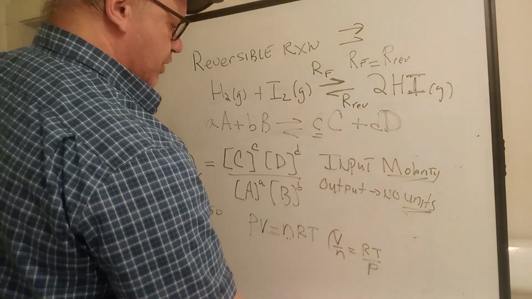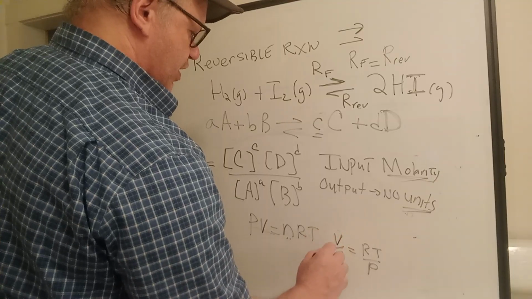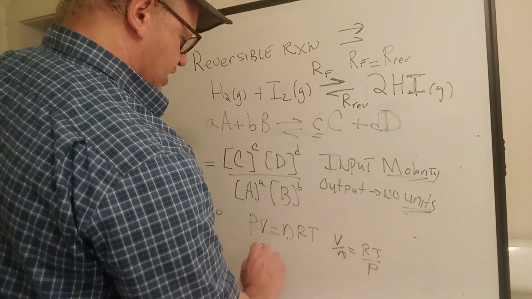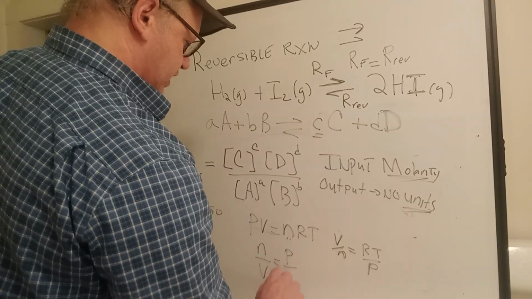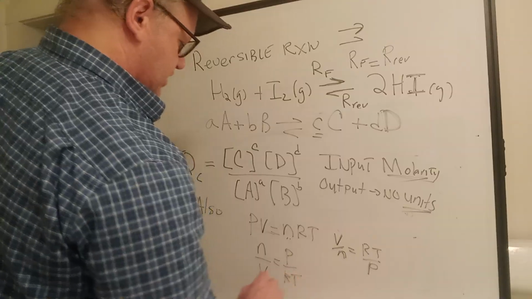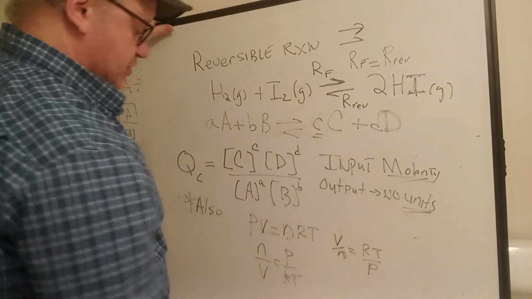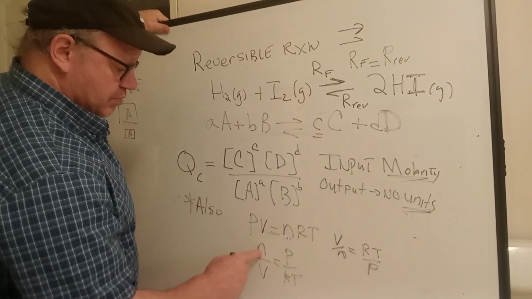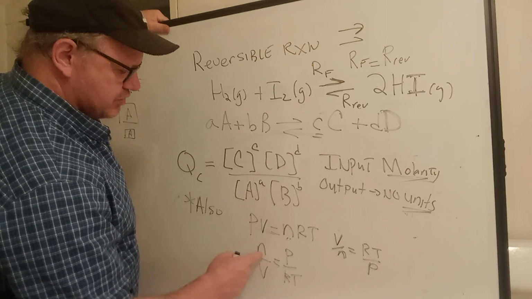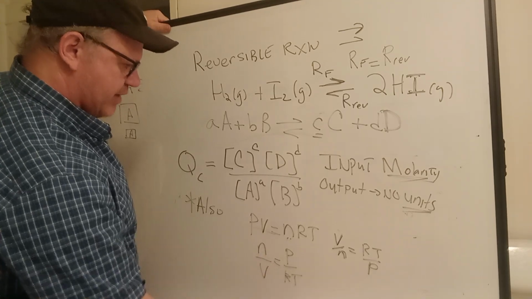Actually, let me flip this around. I can write that V over n, I can write n over V is equal to P over RT. That's another way of writing that, P over RT. We can relate, and I'll make a link between these later on in another lecture. This has units of molarity, moles per volume. We could make this moles, and we could make volume, instead of meters cubed, we could make that liters, right?